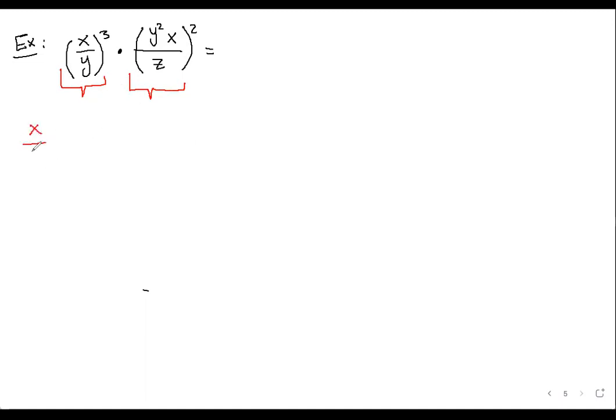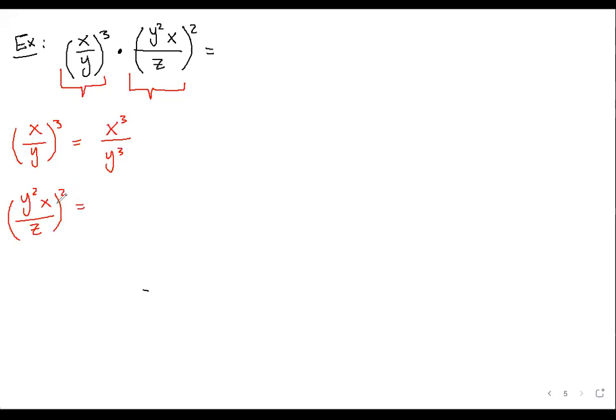So x over y, everything to the power 3, is equal to what? X to the third over y to the third. That's it. Second one, y squared x over z, all squared.